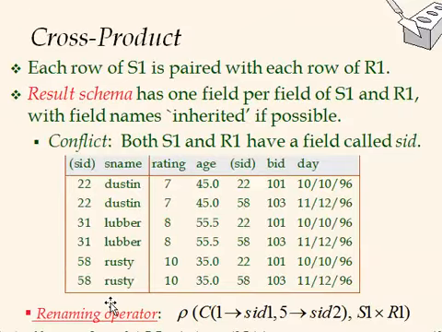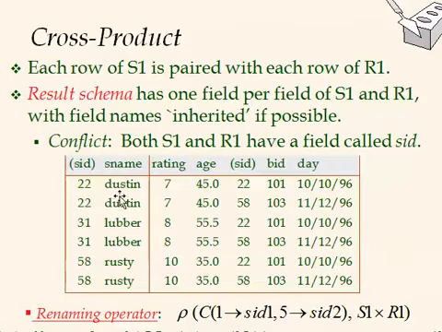Now the cross product is a very expensive operator, and it's also called the Cartesian product. For example, in this example we are doing the Cartesian product of S1 and R1.